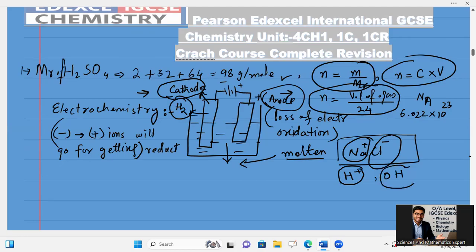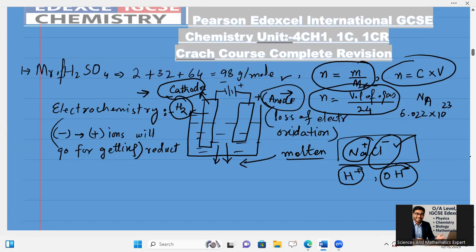And if hydroxyl ion is present along with a halogen ion like chloride, then the hydroxyl ion will never go towards the anode. But if sulfate ion or carbonate ion is present in the aqueous solution, then the hydroxyl ion will go and oxygen gas will be released.